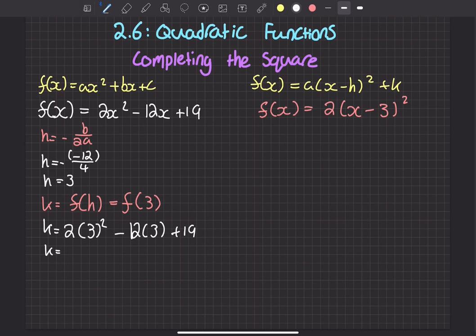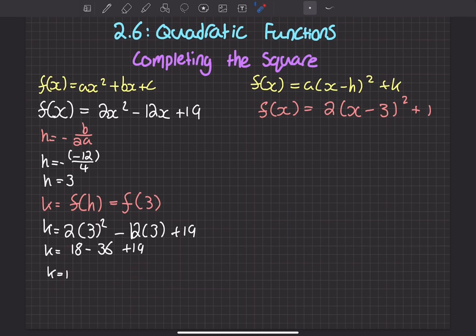K equals 18 minus 36 plus 19. K equals 1. So plus 1. And here the numbers are pretty simple. It was a pretty simple method to find k.